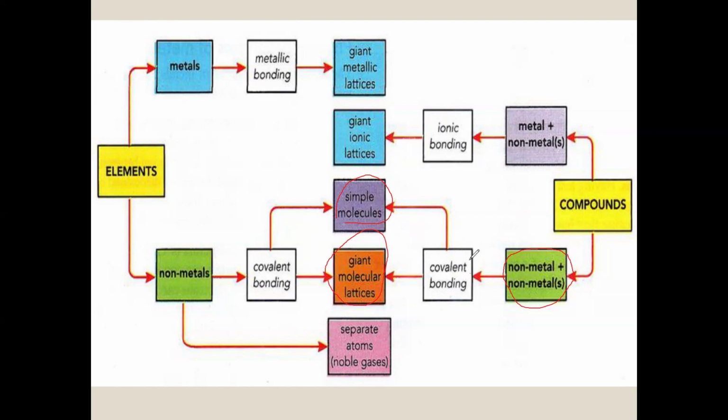And a metal and a nonmetal can bind forming an ionic bond, and this ionic bond can form a giant ionic lattice.